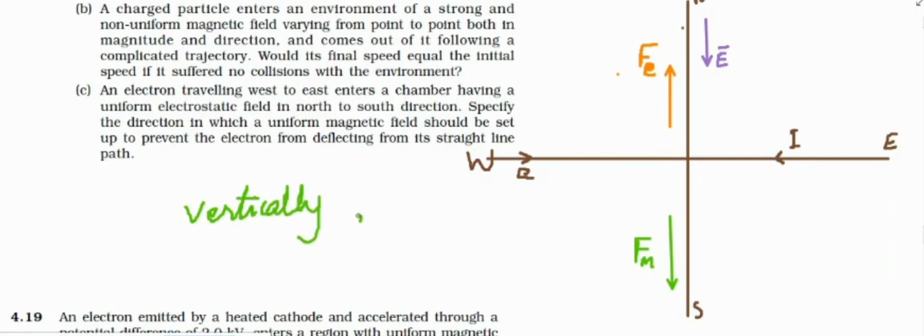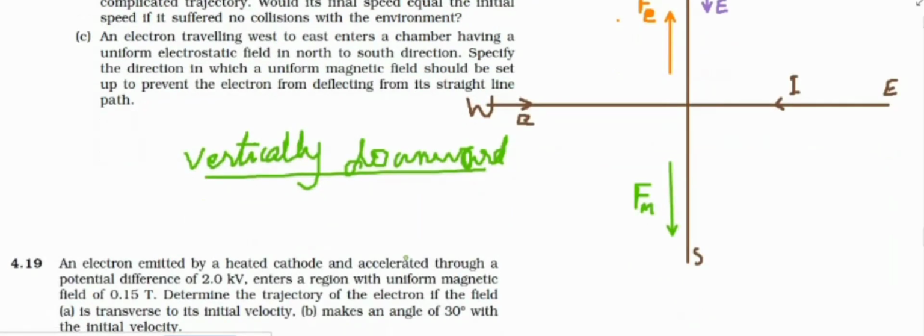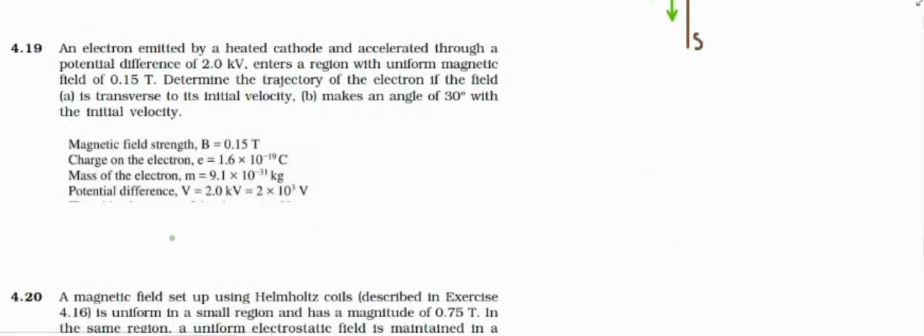Then it should be equal and opposite to the electric force. So in such a situation, when Fm equals Fe, with a magnetic field acting vertically downwards, the electron goes undeflected. Next question 19.